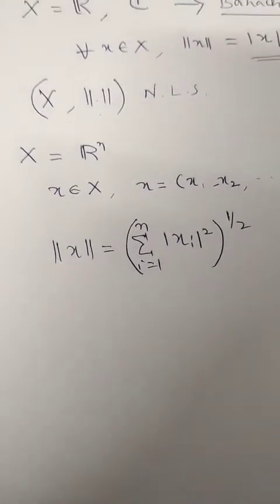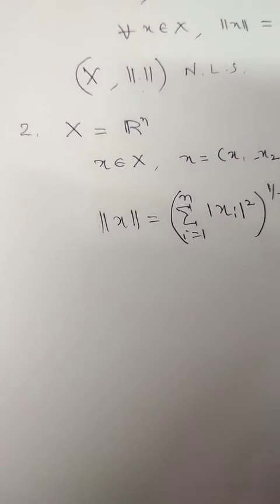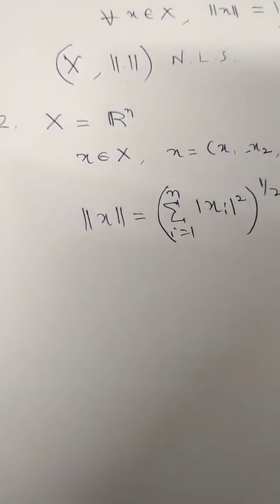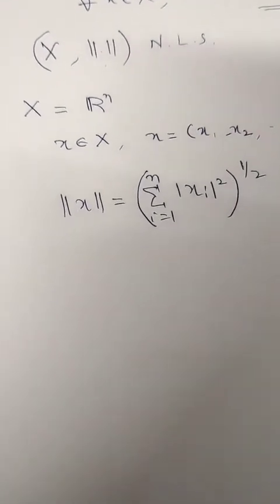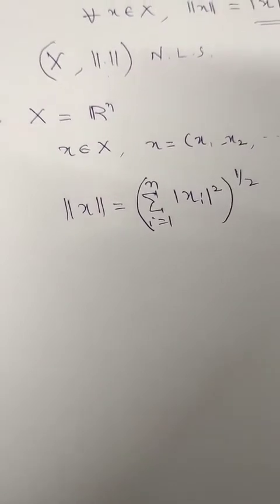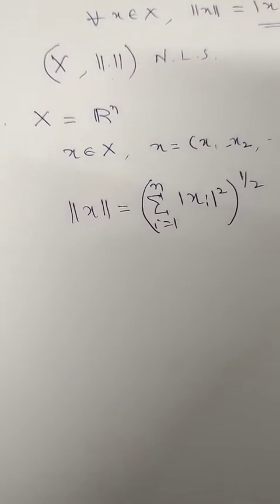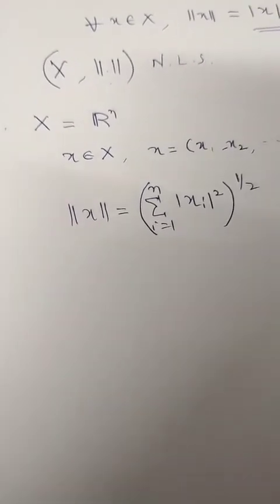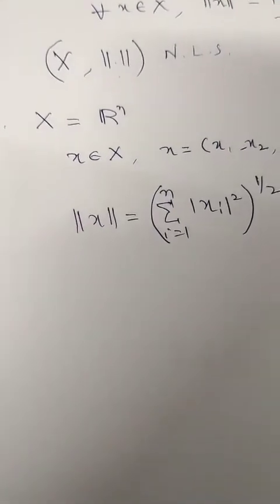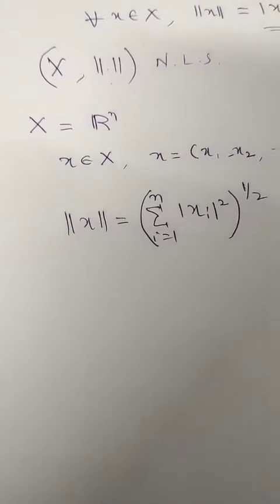You can see that clearly this is a norm on X. If you wish, you can verify all the properties of a norm. Our interest is to verify whether it is a complete normed linear space or not.